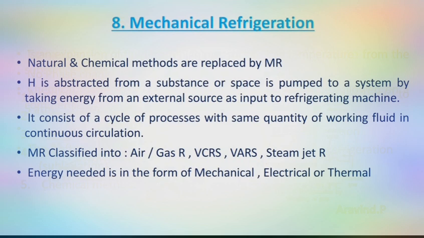This system consisted of a hand operated compressor, a water cooled condenser, a throttle valve and an evaporator. I think in the first class I already mentioned the working of the Perkins model.